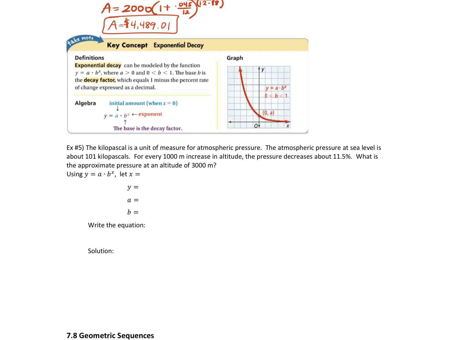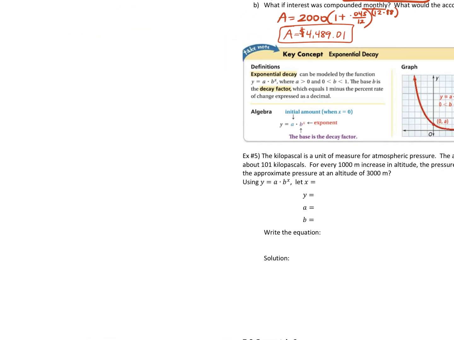Okay, here's the only other thing. We talked about exponential growth on Friday. Do you remember what that formula looked like? Y equals A times 1 plus your rate to the x or to the t, whatever power we're doing, okay?